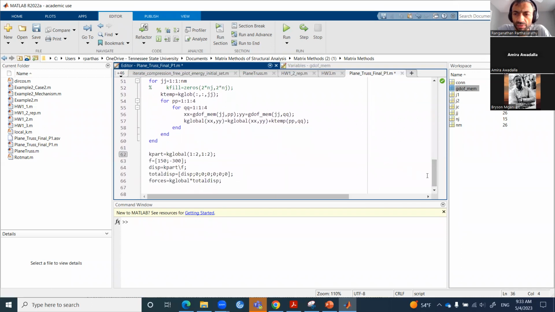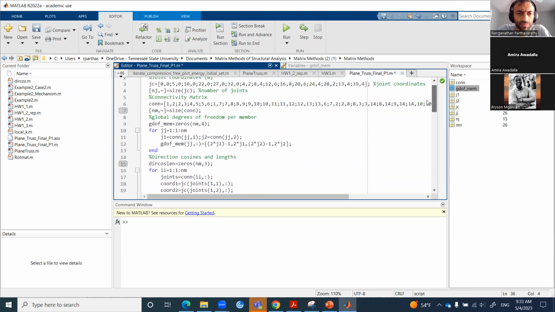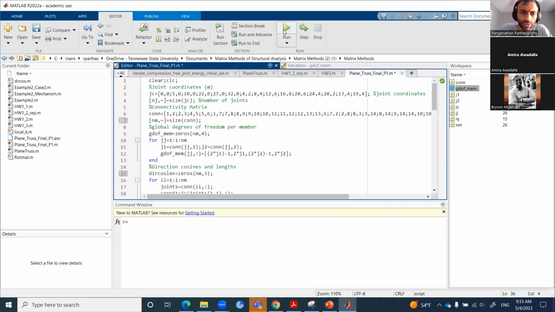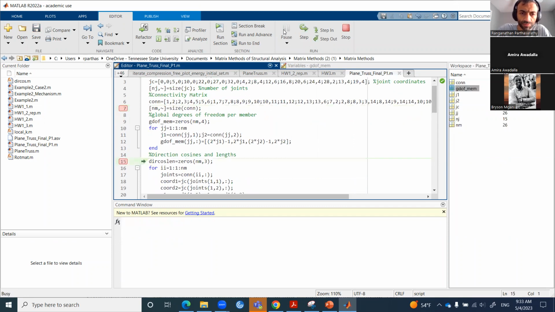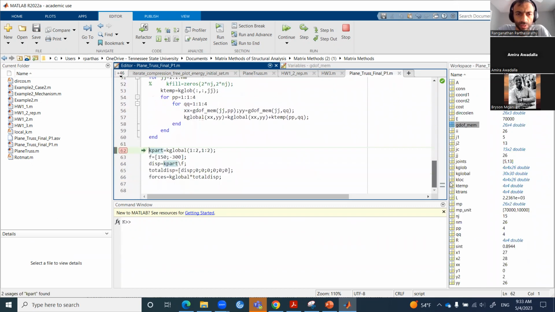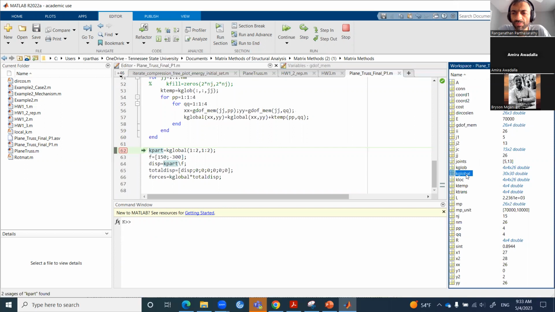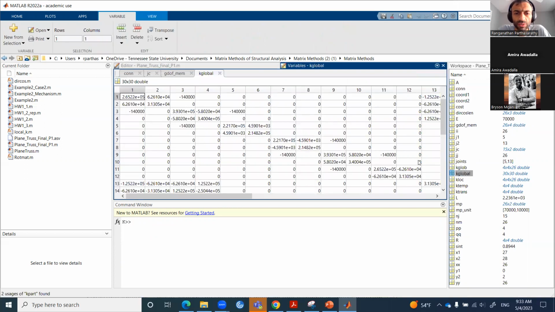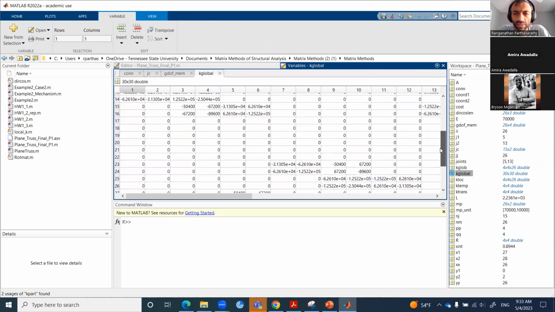So till there, everything should be same. So we have run up to K global, right? So how many degrees of freedom do we have? We have 15 joints, so 30 by 30, right?